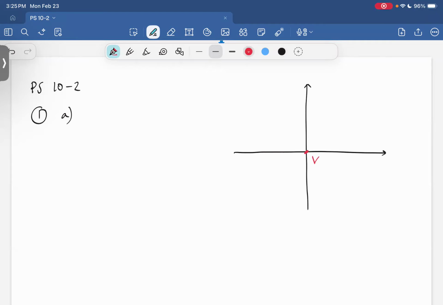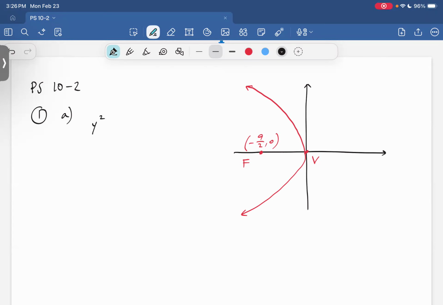The vertex is at the origin, and the focus is somewhere here. So that tells us the parabola will open to the left. Because it's a horizontal parabola, we're going to use the y-squared equation.